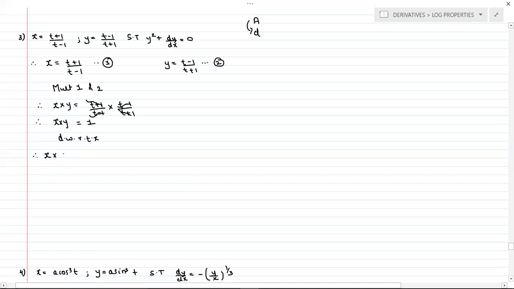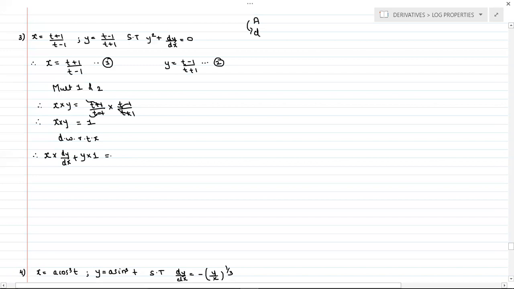So u into derivative of v plus v into derivative of u. This is u and this is v, yes or no? The derivative of v is dy by dx, and the derivative of u, that means of x, will be 1.